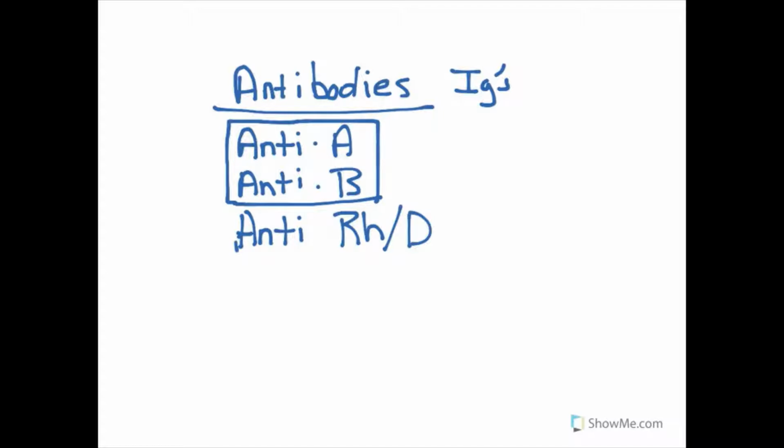Now, I want to talk about what happens when we put these two things together. Let's say here I have a red blood cell, and let's say this is type A blood, and type A blood, remember, has the A antigens on it. So these are A antigens. These are the carbohydrates sticking out.